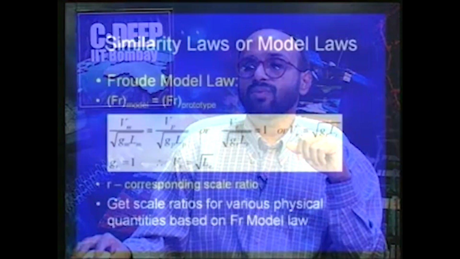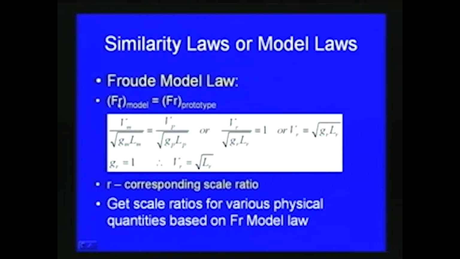As per this law, we can write Froude number of model is equal to Froude number of prototype. The Froude number is generally expressed as V by root of g L, where V is the velocity, g is the acceleration due to gravity, and L is the characteristic length. So, for the model we can write Vm by square root of gm Lm, which is equal to, for the prototype, Vp by square root of gp Lp.